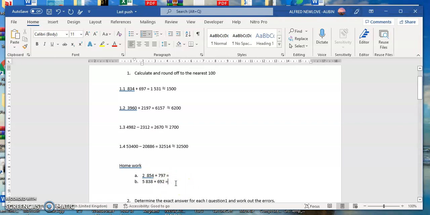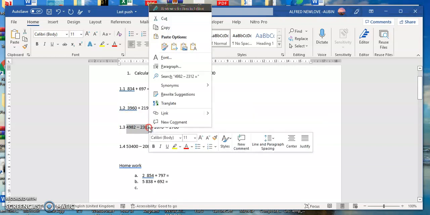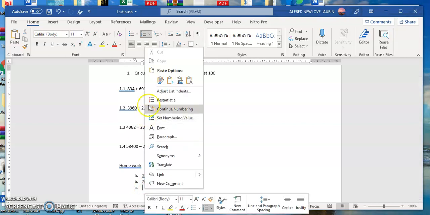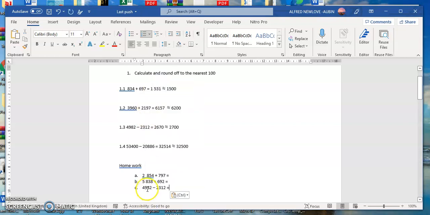Then let's look at C. C is going to be minus, no? So you look at the example to do that one. So let me change this one to 9 and let me change this one to 1 and this one to 5.